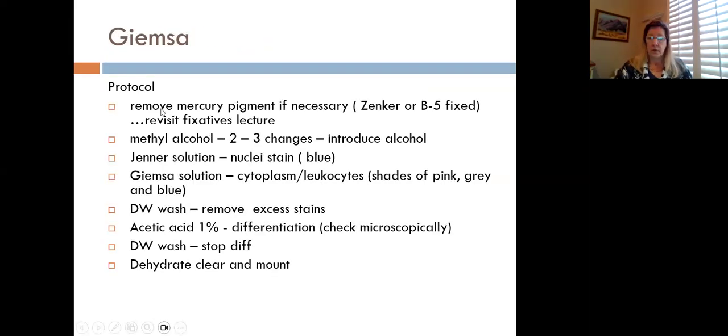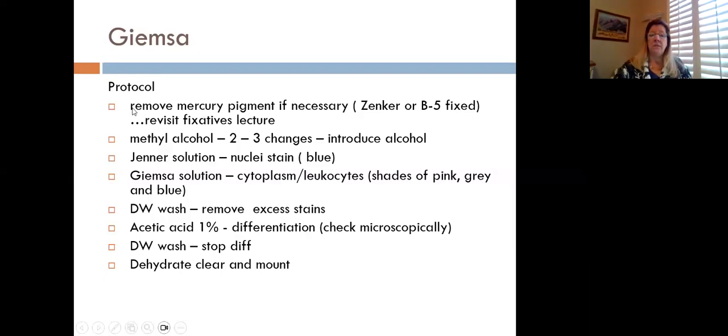So your protocol. If you are using a paraffin block, you're going to deparaffinize and hydrate to water. If you're doing a slide, a smear, like you're going to do in your cytology, you're just going to start.